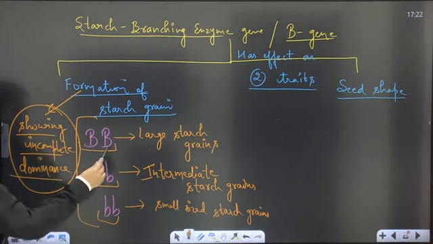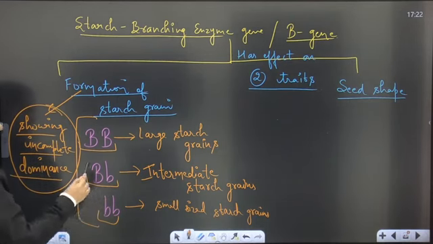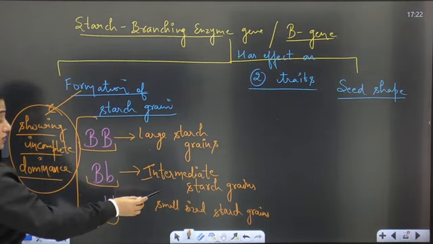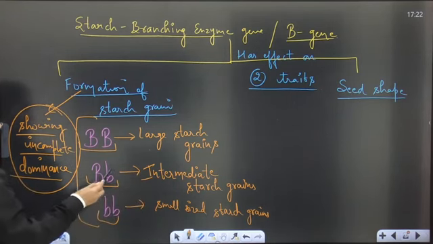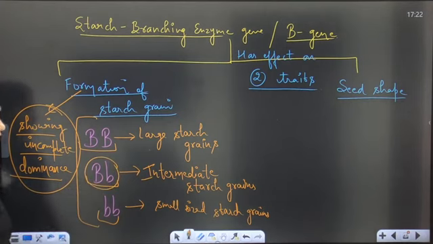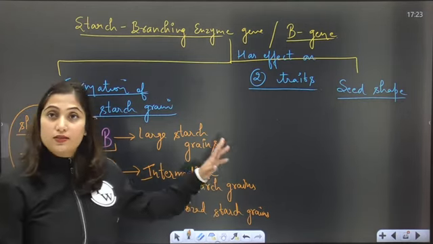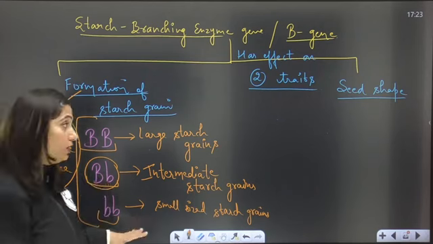You can see here, capital B, small b should also be having the large size, but no, it is having the intermediate size. That means this is incomplete dominance. So this gene, when it controls this trait, shows incomplete dominance.